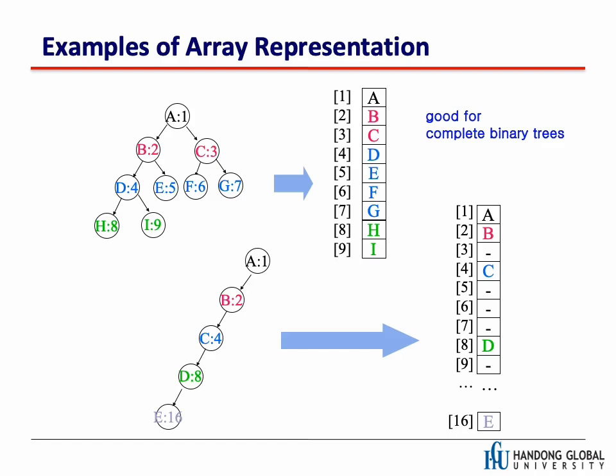But sometimes we have this skewed tree. Even though a binary tree may not be as skewed as this example, sometimes we don't have a complete binary tree, and then we waste lots of memory space.